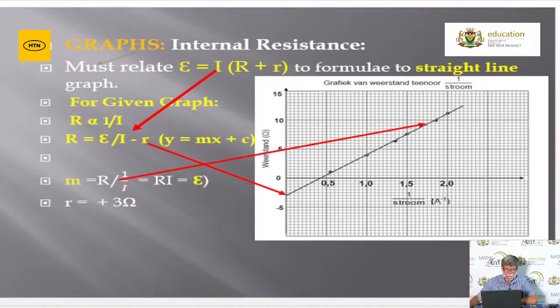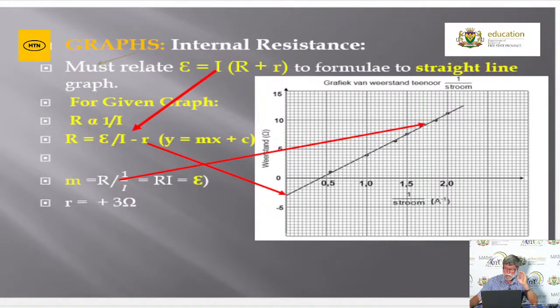At the end, in this final formula, all the components of your formula for EMF, the total resistance, the EMF, the internal resistance, must be included in that final formula for your straight line graph.